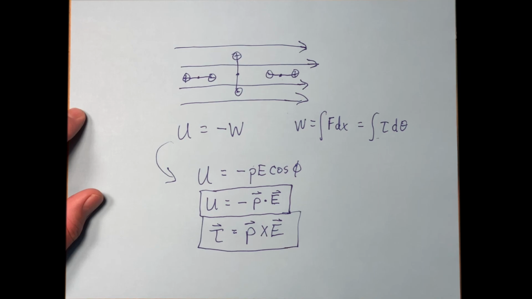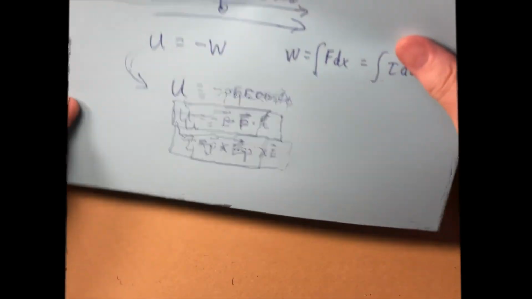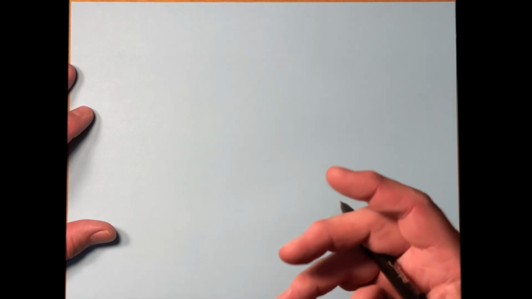All right, let's take that information, put it all together, and solve a problem. Suppose that we have a water molecule, and the water molecule has a certain separation between the modeled plus and minus charge.